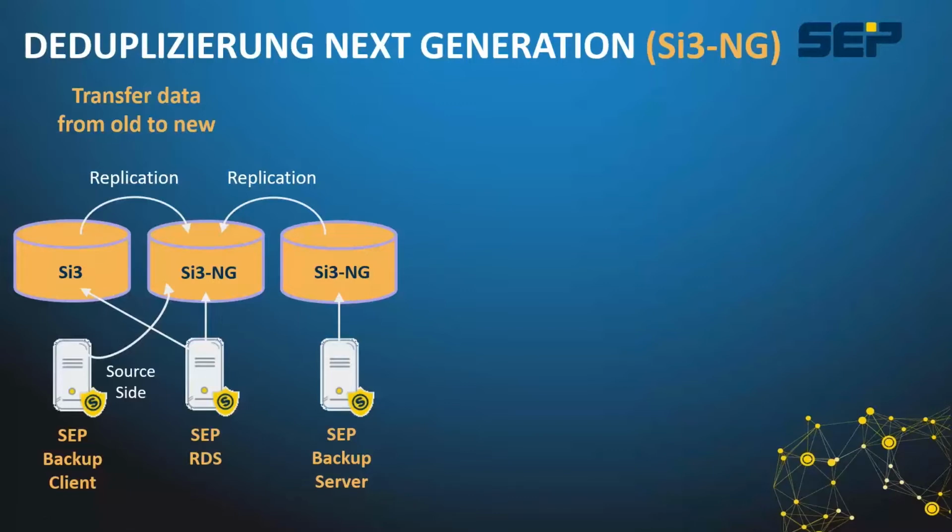If you would like to deduplicate a lot of front-end data, you can classify your data. You can have one deduplication storage for file data, another for your Oracle data, and one for the HANA data, because the deduplication of these different applications and sources do not really provide any intersection of identical blocks.